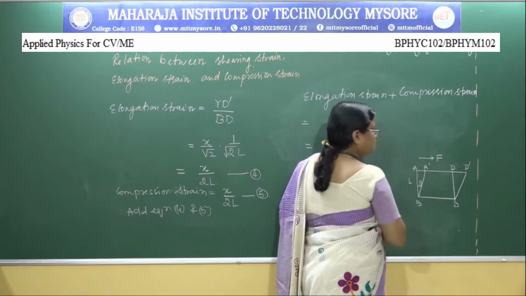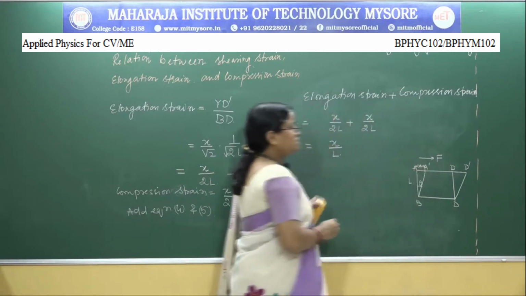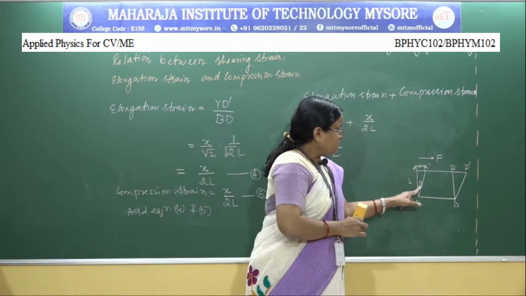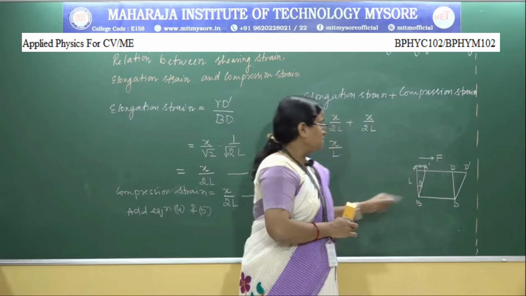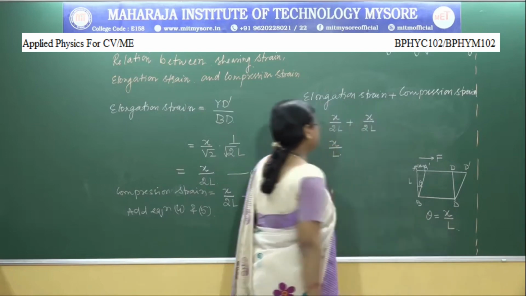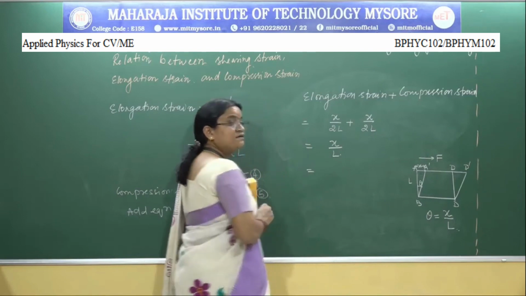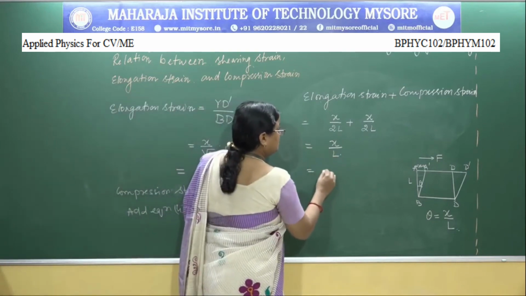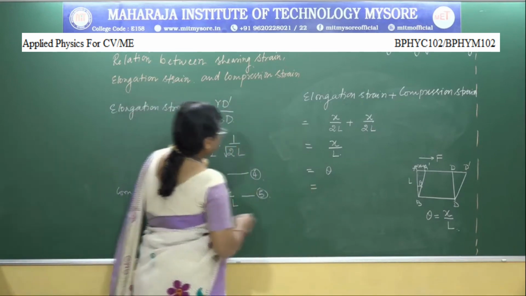So the length of the cube is L, and the change we are writing now as x, which in the previous case we wrote as delta L. We have already derived in the case of rigidity modulus that this theta is equal to x by L. So we can write elongation strain plus compression strain is equal to x by L, which will be equal to theta, and this is nothing but the shearing strain.